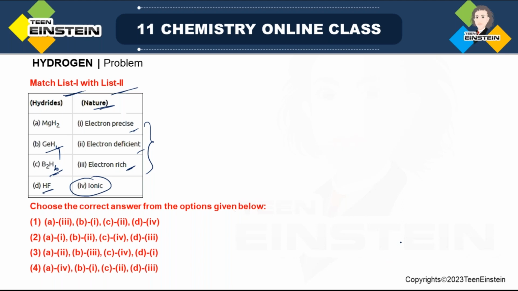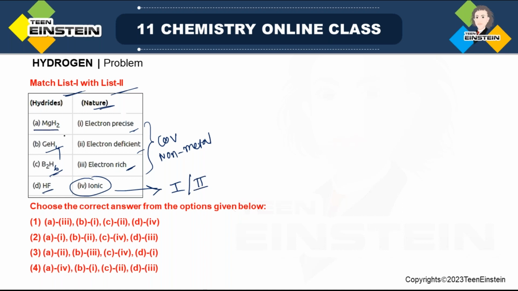Further classification of covalent hydride, there we have seen these 3, and the only one left is the ionic hydride. Since these 3 are covalent, obviously they will be non-metals. Here we do not have any interstitial hydride, the last type. We only have 3 covalent, because electron precise, deficient and rich are all covalent hydrides. And this one is ionic, which means there must be group 1 or group 2 metals.